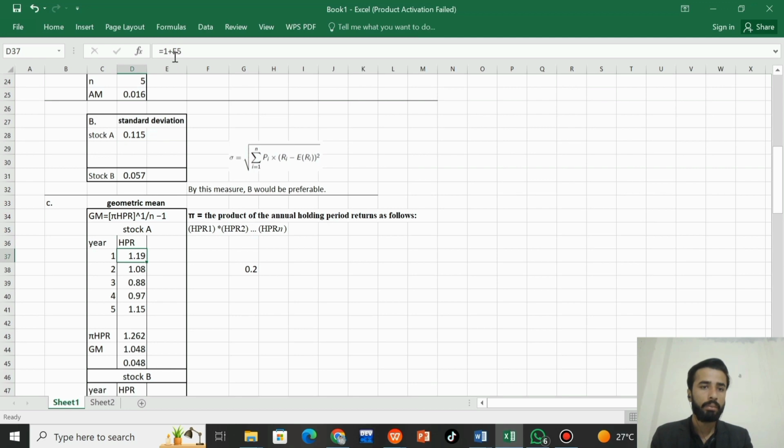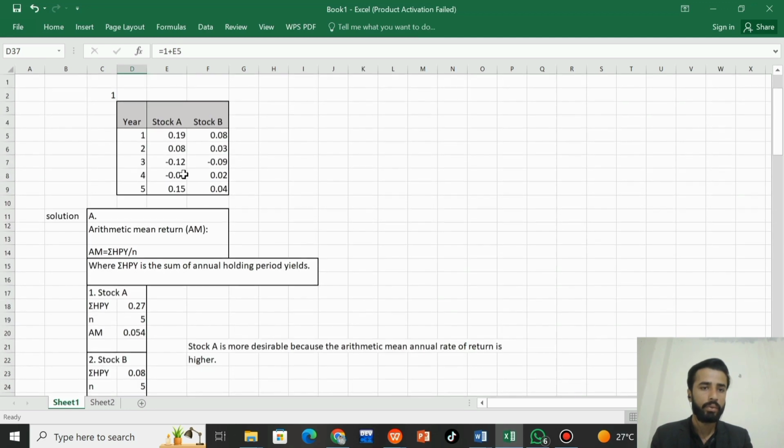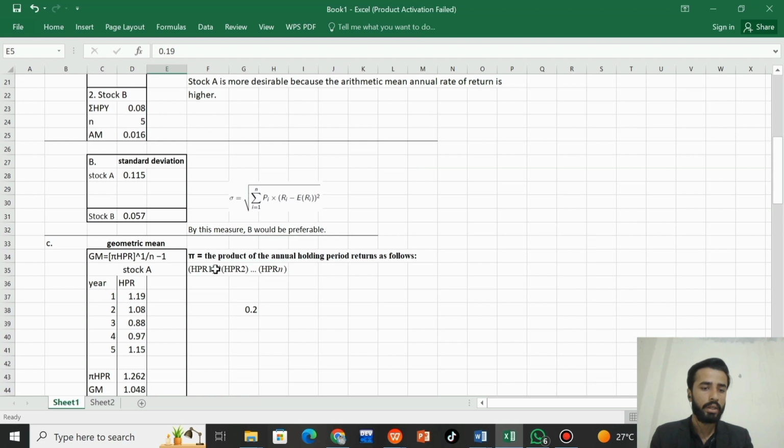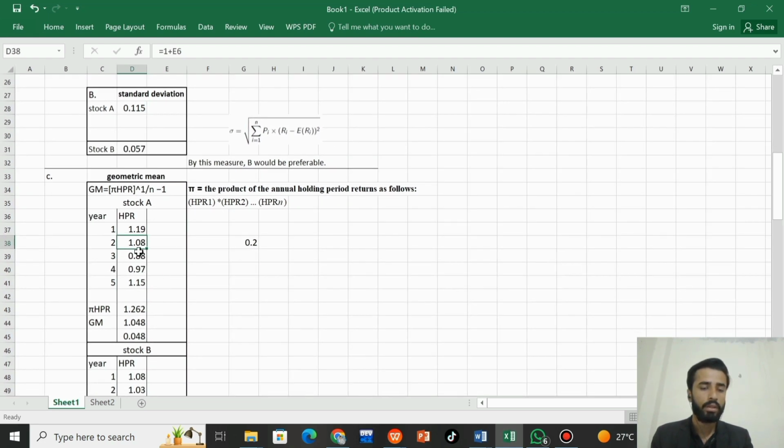We have done 1 plus the holding period yield. We have added 1 to all of the returns for stock A here. We have put formulas, then we have got the holding period returns. Then I have done the product formula, like I multiply the holding period return of 1 year with the second, then all of these I have multiplied with each other. Then I have got this answer.